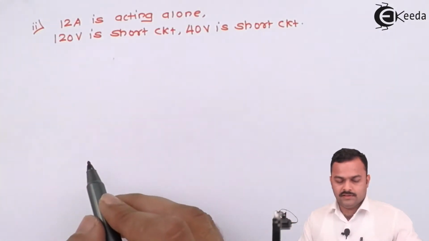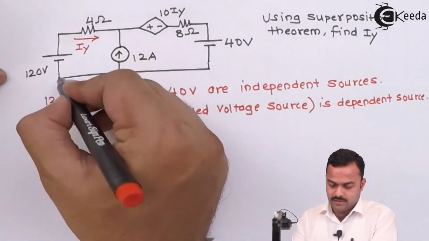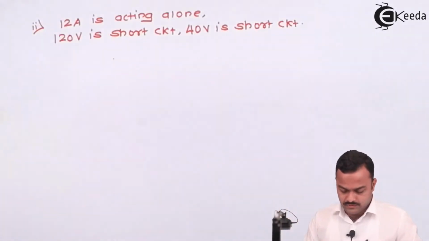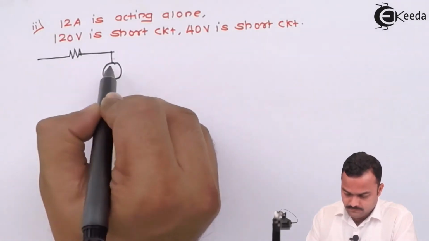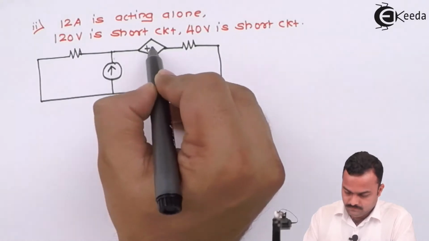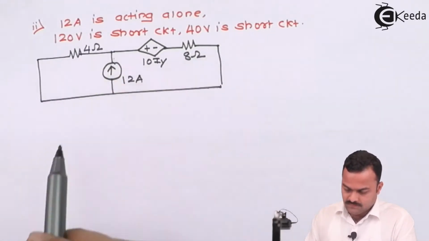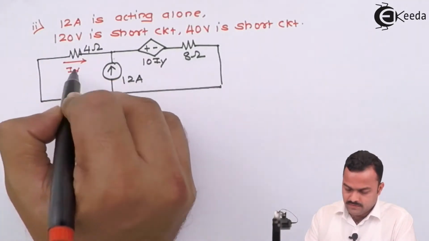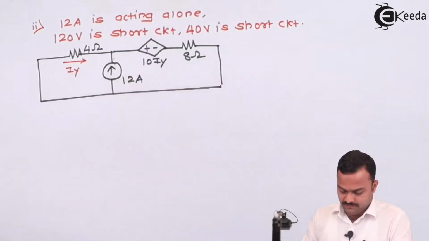So in the original circuit, what changes do we have to make? This will be replaced by a short circuit, this will be replaced by a short circuit, so only the current source will be present. So let's draw it. And this is a current IY on which there is a dependent voltage, which is 10 IY.